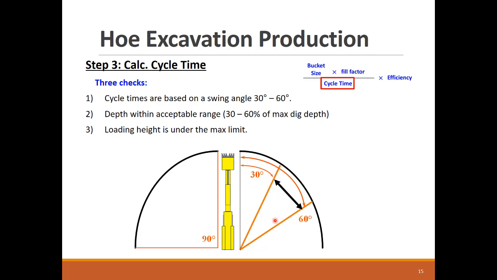So to use the manufacturer suggested cycle times, you will need to verify that you are complying with the suggested work conditions. First, your swing angle between the dig spot and the dump spot should be between 30 and 60 degrees. If you are outside of this range, the swing time should be adjusted accordingly.